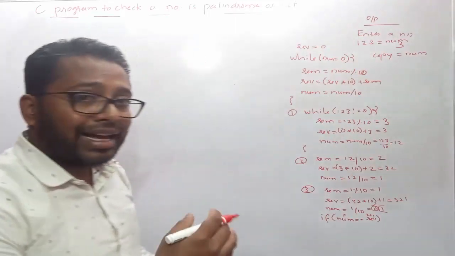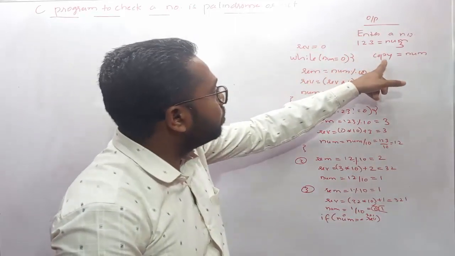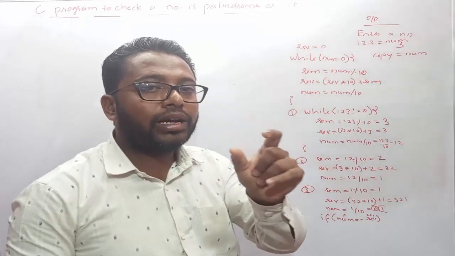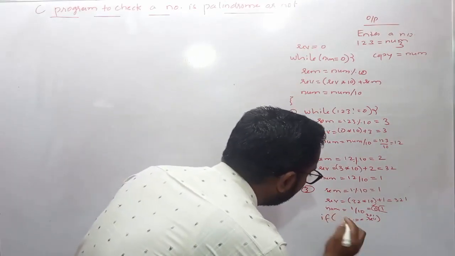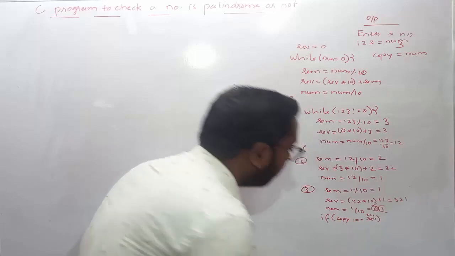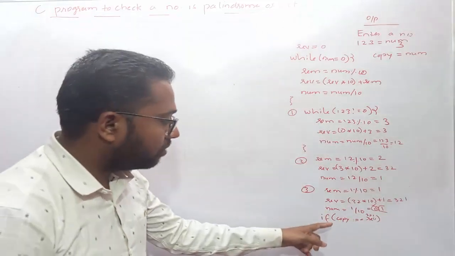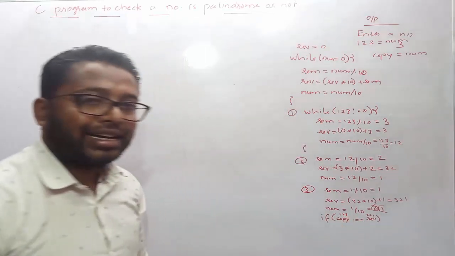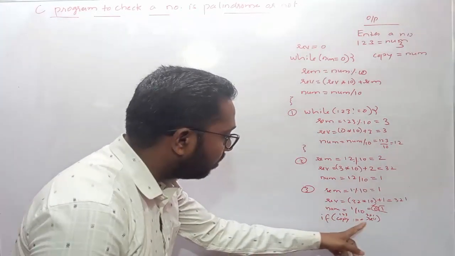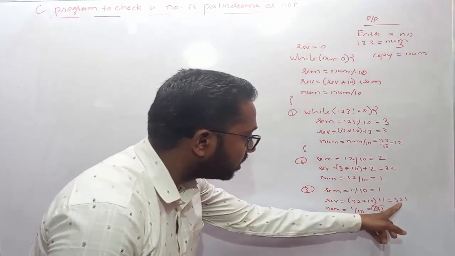So that I can use that copy variable in which the value 123 will be there, and I can use that copy here instead of num. Now the copy variable is having the value 123, that gets compared with the value of reverse, which is 321.